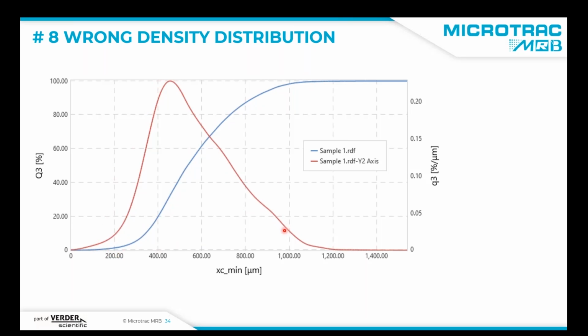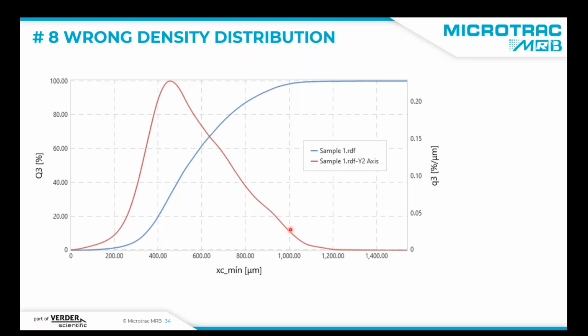And the density distribution is the first derivative of the cumulative distribution. This means we measure the slope. Where the slope is very, very steep, you have a maximum. And where the slope is flat, you get a minimum. So we calculate the slope of the cumulative distribution and get to a density distribution. The unit here is percentage per length, percent divided by length. Okay, and this is the real density distribution.